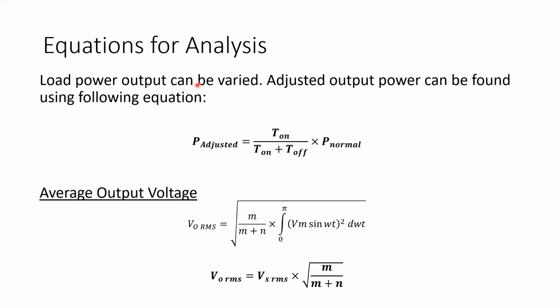But when it comes to AC voltage controllers, it is not V, it is P. Maybe you remember in DC, if you consider a buck converter, our voltage output is given by D into V in. D is T on over T on plus T off. But here, it is not V, it is P.